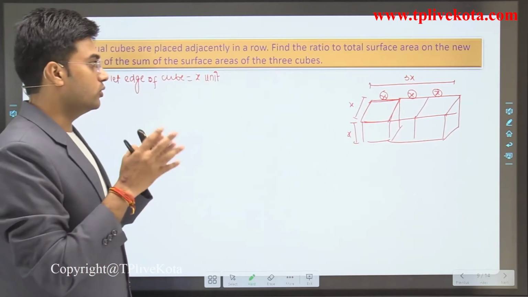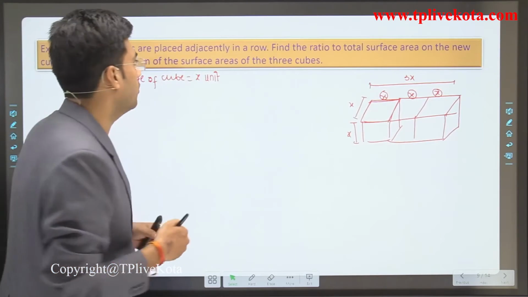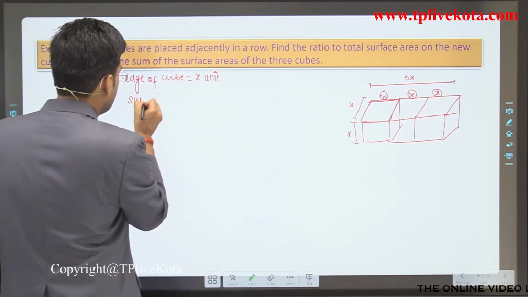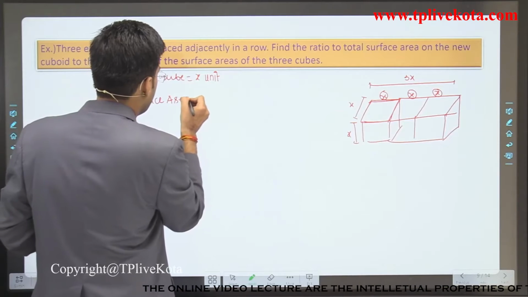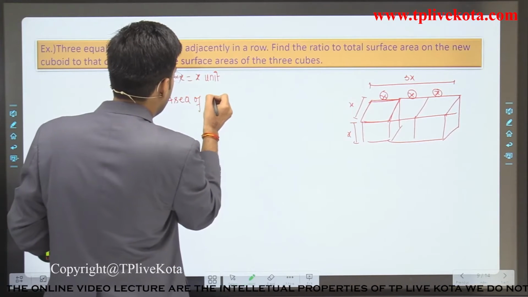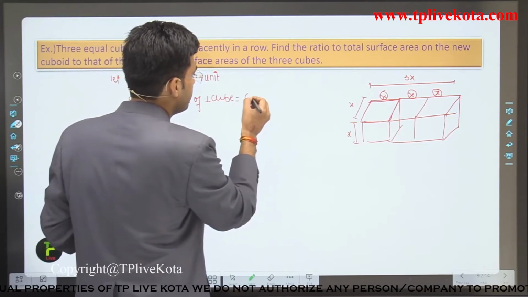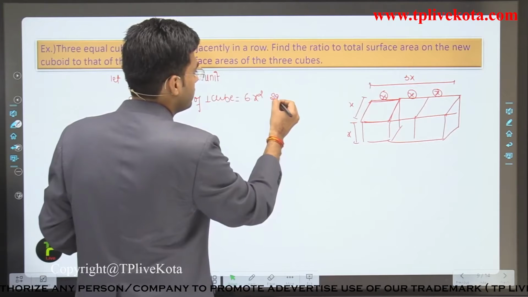Clear? So first of all, let's find the total surface area of 3 cubes. Surface area of 1 cube is equal to 6 multiplied by x square unit.